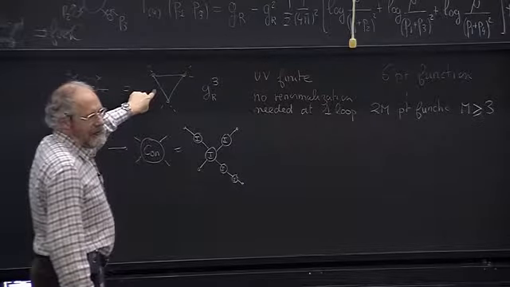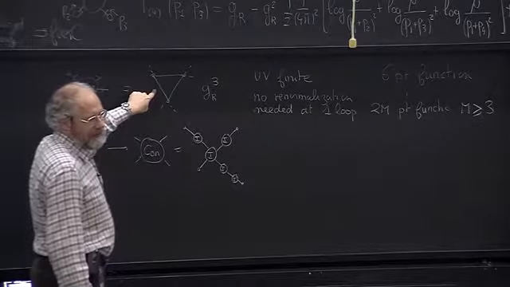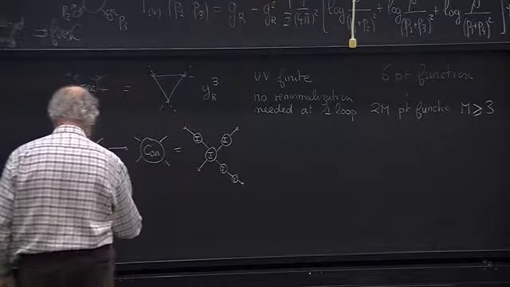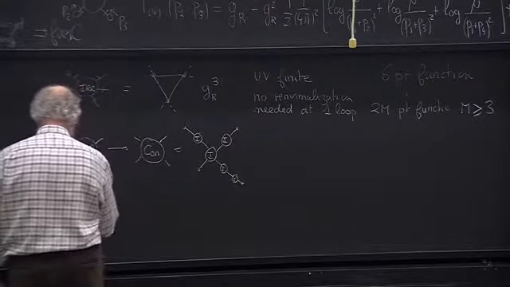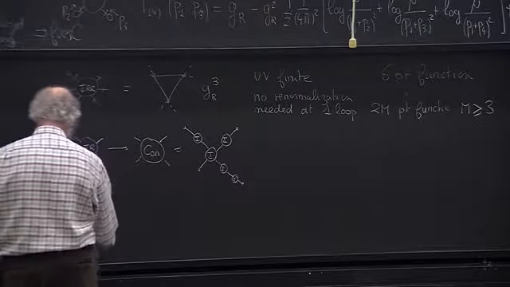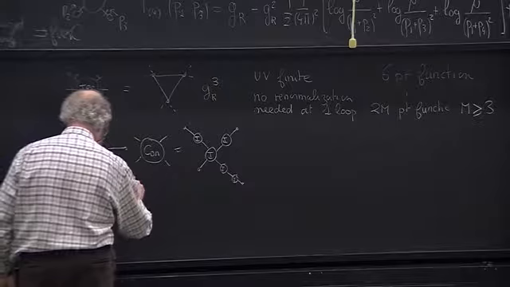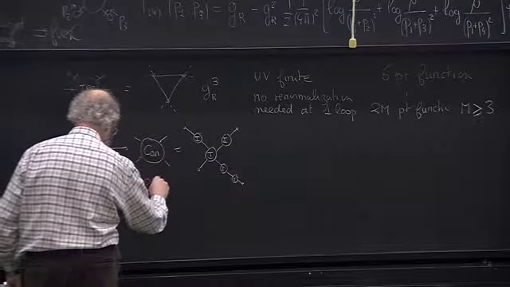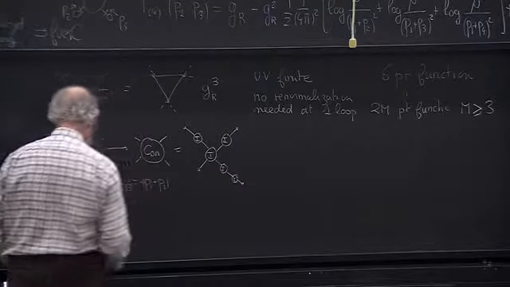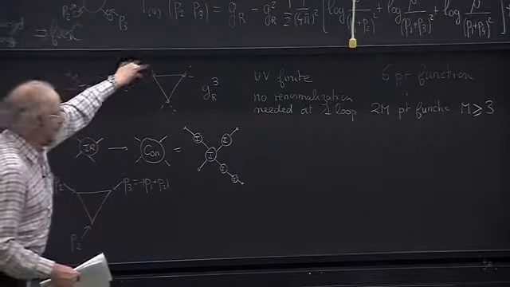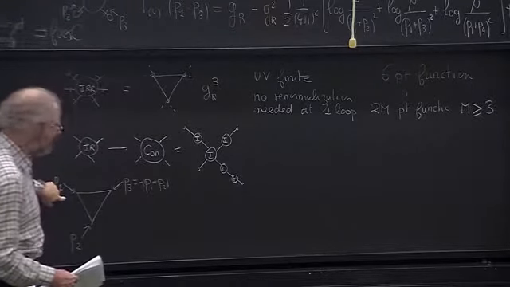This diagram doesn't contain any ultraviolet divergence. If you want, I can repeat it. But the argument is that these diagrams, you see, here you have 3 incoming momenta, P1, P2, and P3, which is minus P1 plus P2. Well, they may come from the 2 legs that are connected to this one, but the sum of the momenta, let me call it P1.